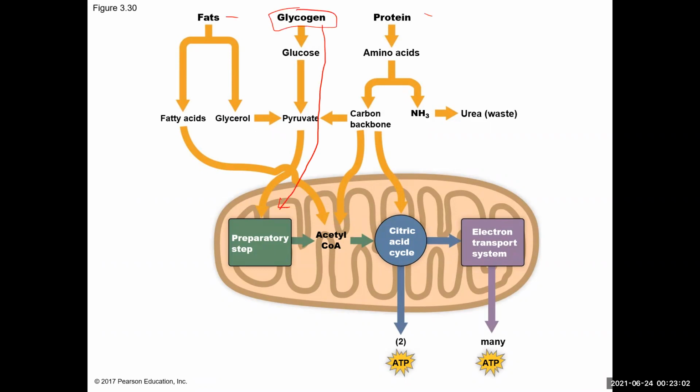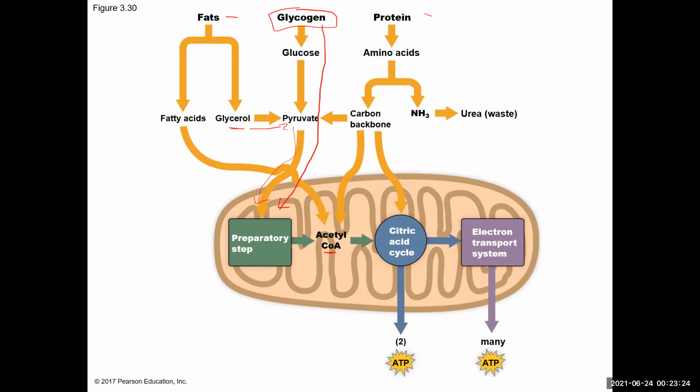But fats and proteins also can be inserted at different points along that pathway. Right? So a fat can be broken down into fatty acids that can then be turned into acetyl-CoA, or it could be broken down into glycerol, which then is broken down into pyruvate and takes the general pathway of glycolysis.